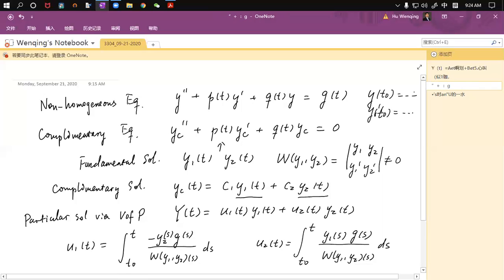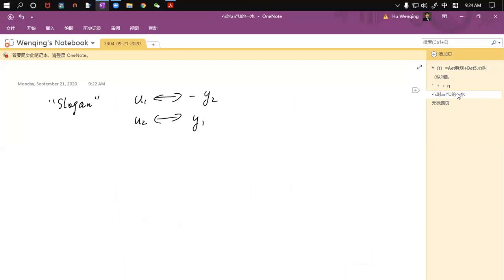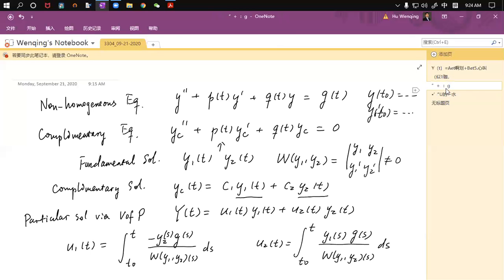But it is natural to see that u1 of t is the integral of minus y2 of t times g of t divided by the Wronskian of y1, y2 at t, dt. Remember one small remark: the Wronskian is a function evaluated at t, where you take function values as well as the derivatives at that point.